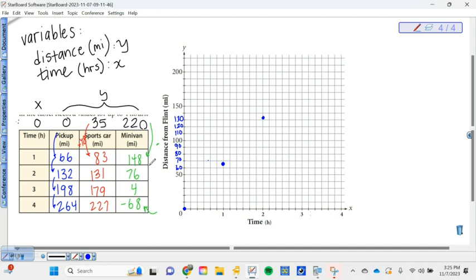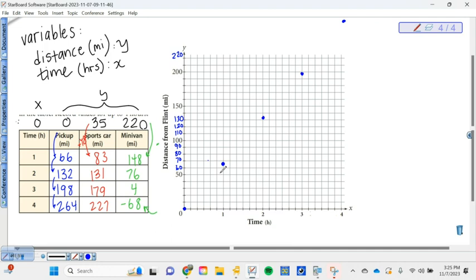At the 3-hour mark, they're at 198 miles from Flint, which is just a little bit less than 200. And then at 4 hours, they're 264 miles away, which my graph only goes up to 220, but I could imagine 264 is probably right up there somewhere.